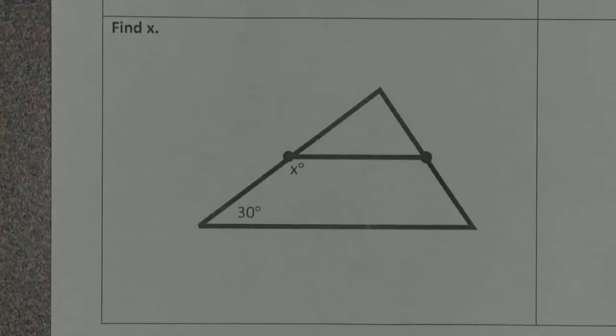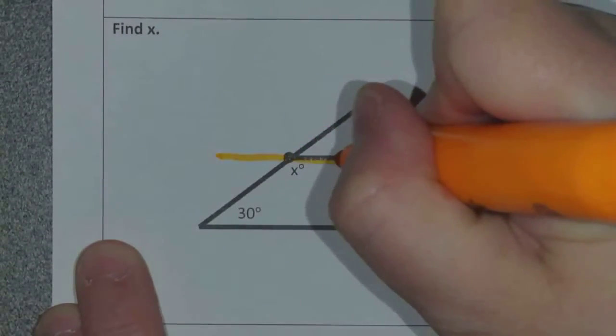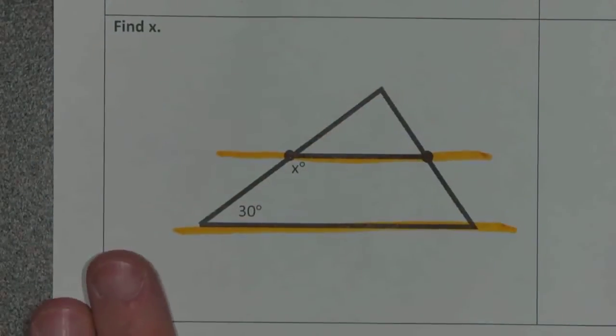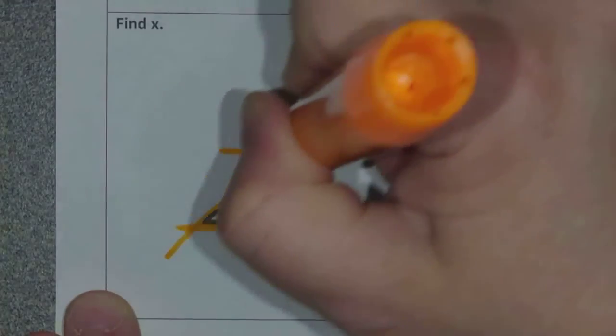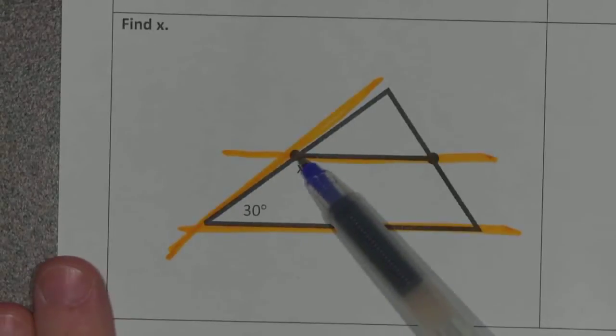Okay? And this is going to be an extension of some rules that we already know. So, did we just say that these two lines right here would be parallel to each other? Yeah. And do you guys remember a rule that said something about a parallel line cut by a transversal? You guys remember those rules from before? Yeah. So a parallel line cut by a transversal, what kind of angles would these two be then?